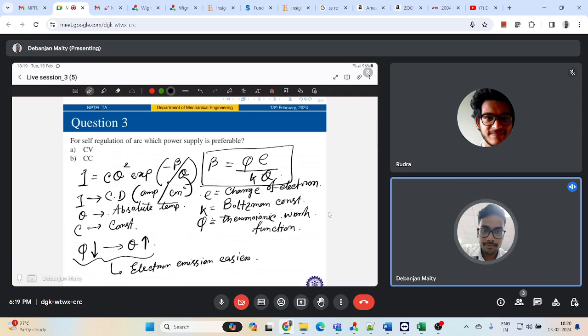And once this emission of electrons has started, the arc itself becomes a source of ions through a process called ionization.